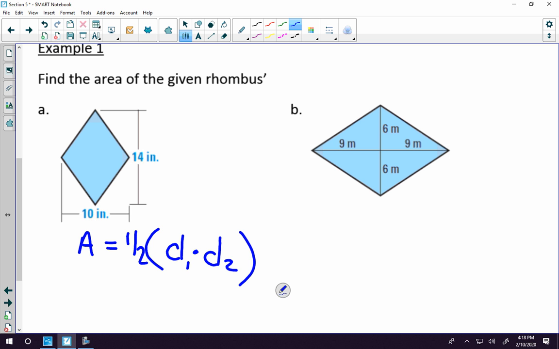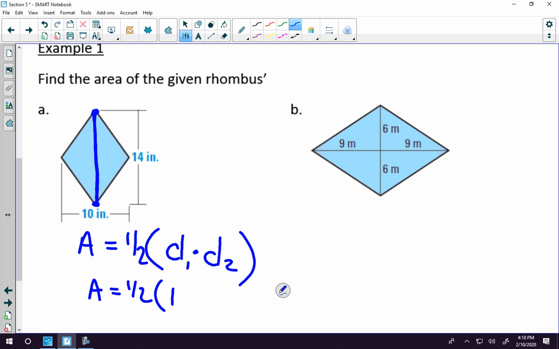So if we're looking here in part A, recalling that a diagonal is a segment that starts at one vertex and intersects the opposite vertex, in blue we have one diagonal, which is 14 inches in length.